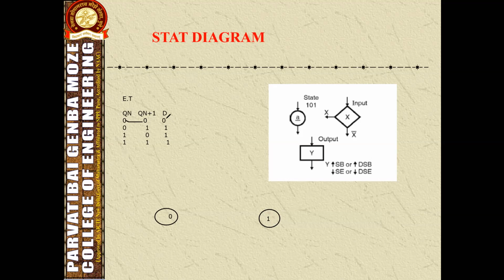So state 0 to state 1 will change at the input 1. Similarly, state 1 to 0 will be changing. And what is the input? Input is high. Should be 0.